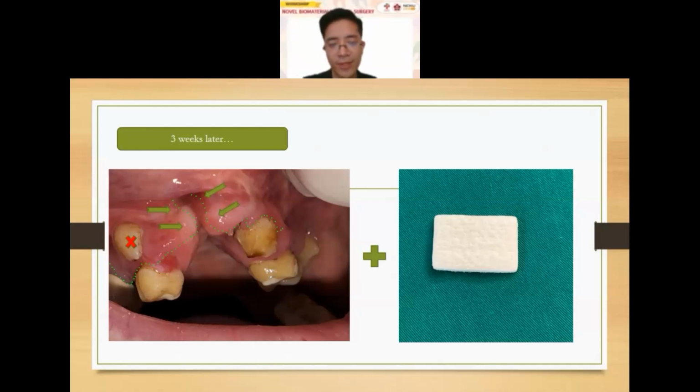Here's the flap design. This time, I extracted the malfunctioning teeth, the unerupted teeth, and we used ADM to close.